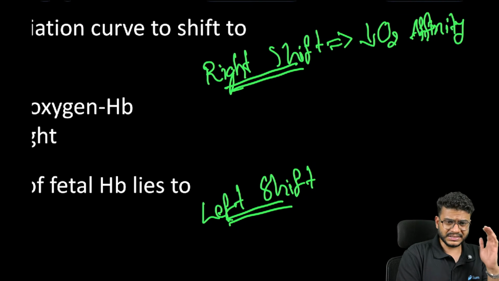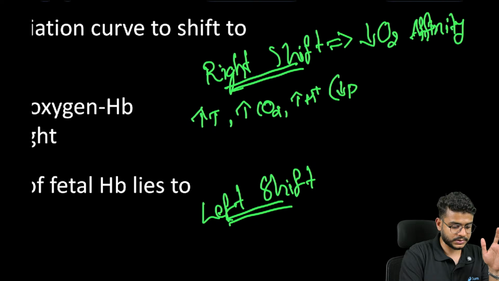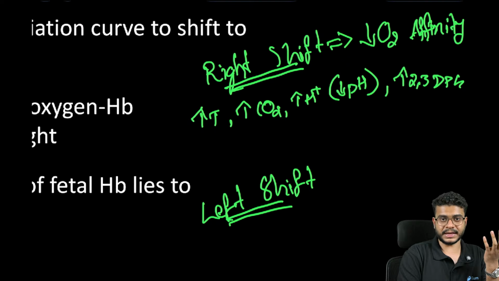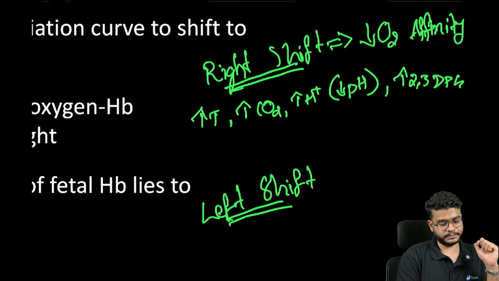Here, just understand everything is increased: increased temperature, increased carbon dioxide, increased hydrogen ions, which is basically decreased pH. Also increased 2,3-DPG, which is diphosphoglycerate, formed as a result of metabolism of the RBCs.